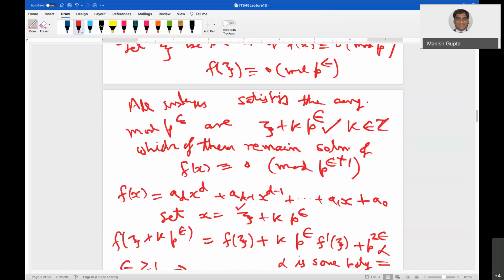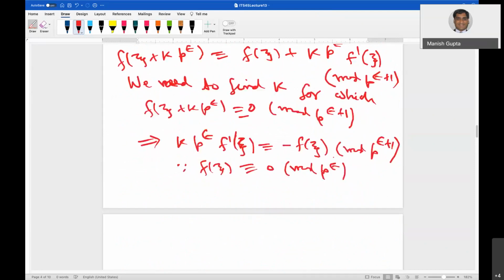So hence this implies that p raised to power epsilon divides f of xi, right?